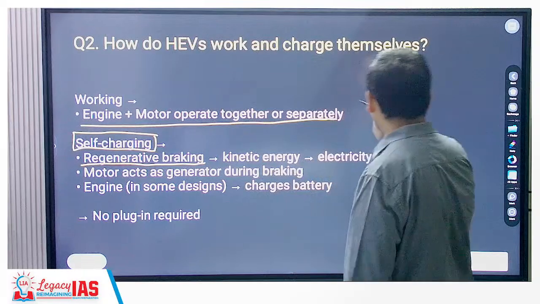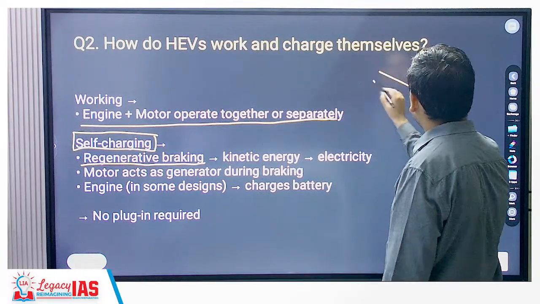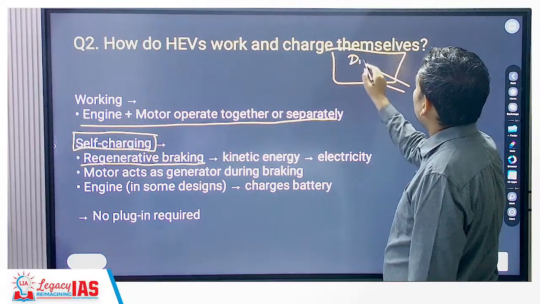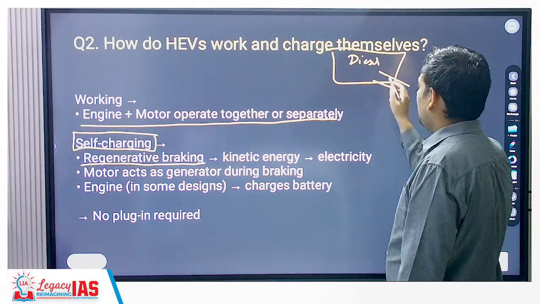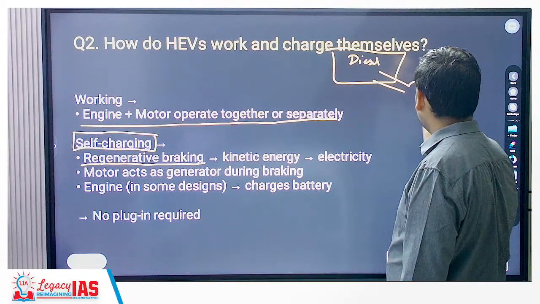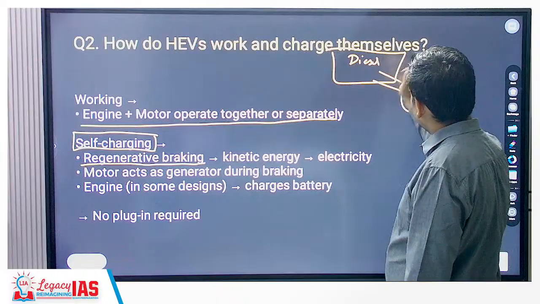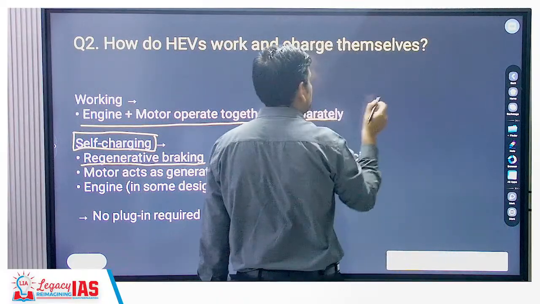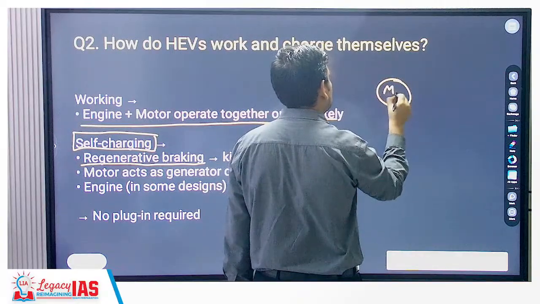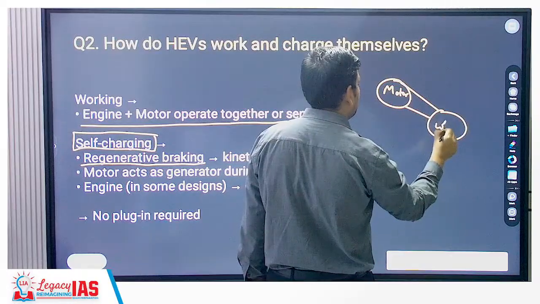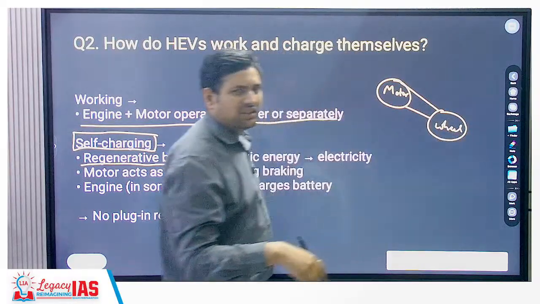Let's say a vehicle is running on diesel. Now this is the engine and eventually this axle will have motors. Let's say it is using a motor only. So this is, let's say, the motor. Now the motor is connected to the wheel.